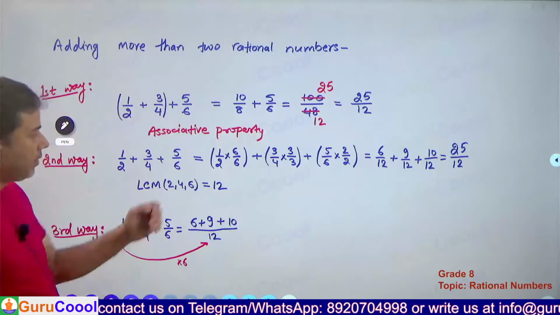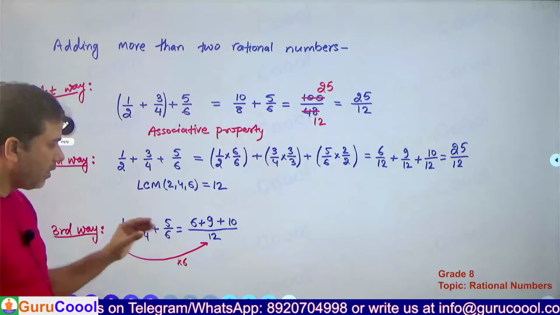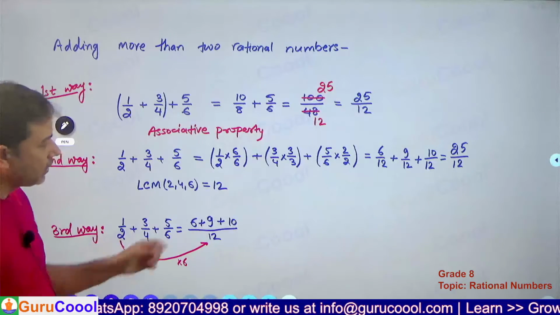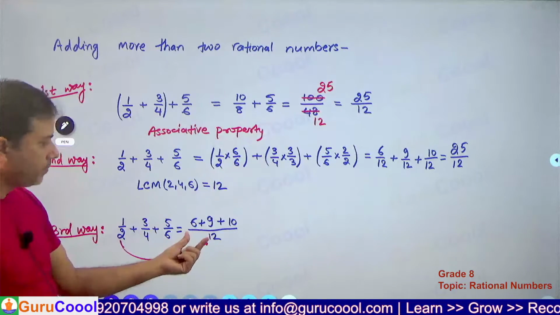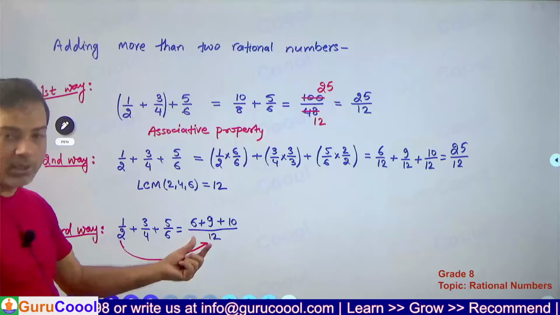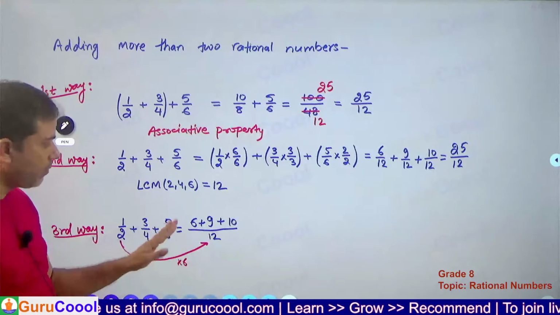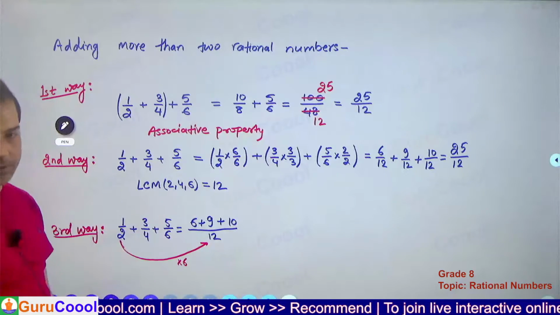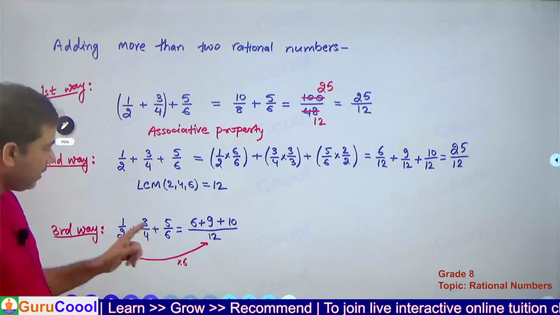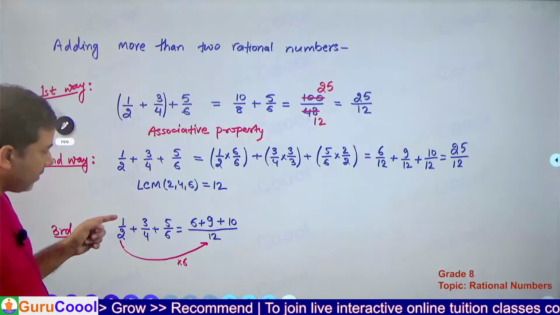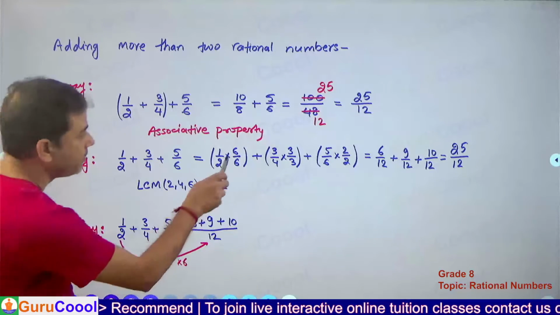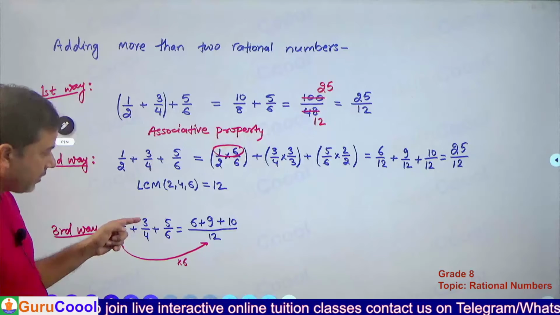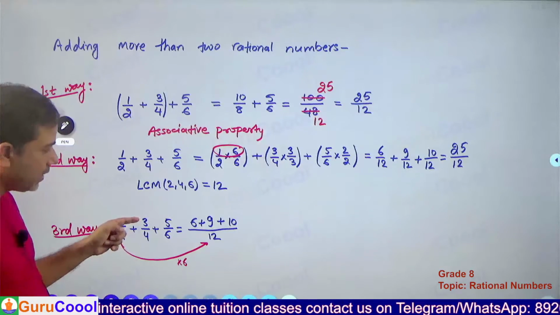Actually, second way and third way are looking different, but actually not. We are practicing the same idea here. The only difference is the presentation. We are presenting it in a different way, but we are doing the same practice here. Notice. See, in the first numerator we multiplied with 6. Here also. The second numerator we multiplied with 3. Here also.